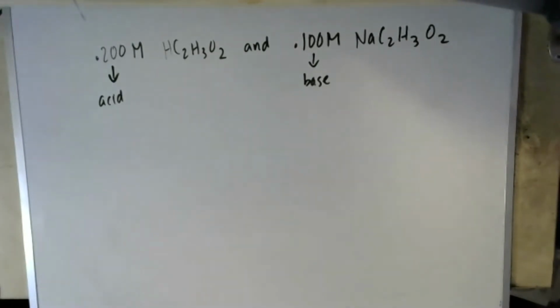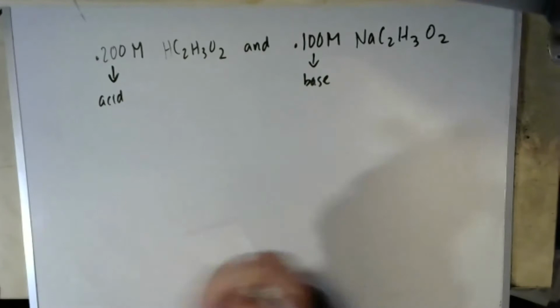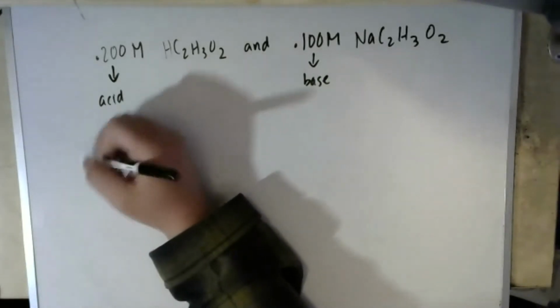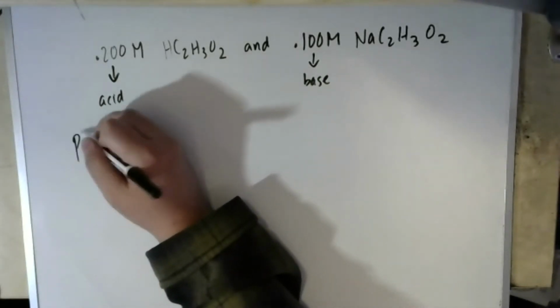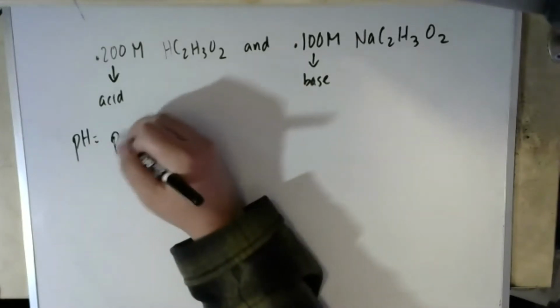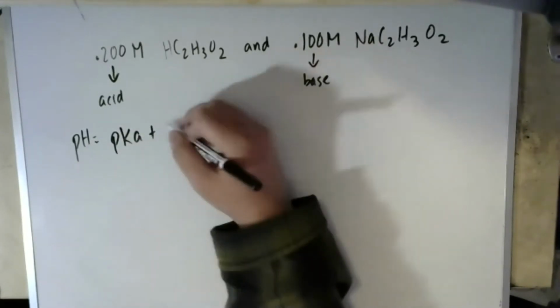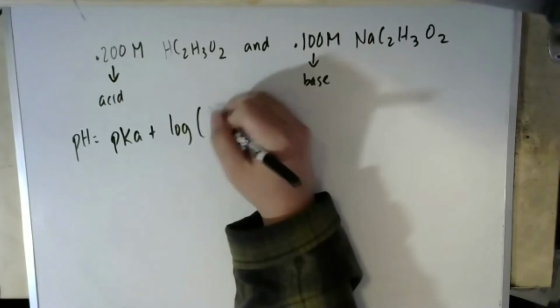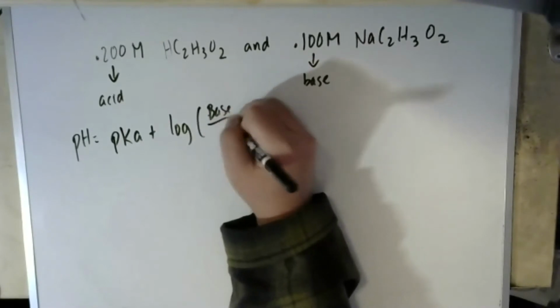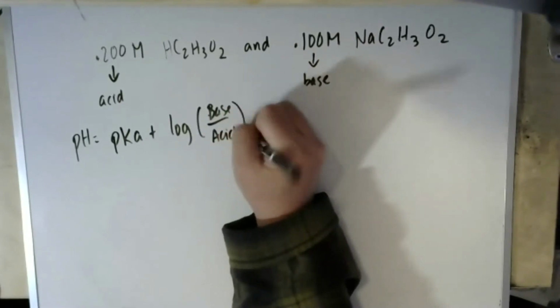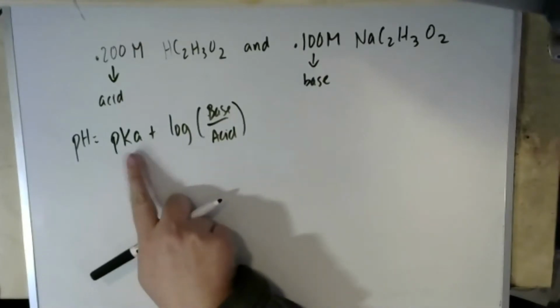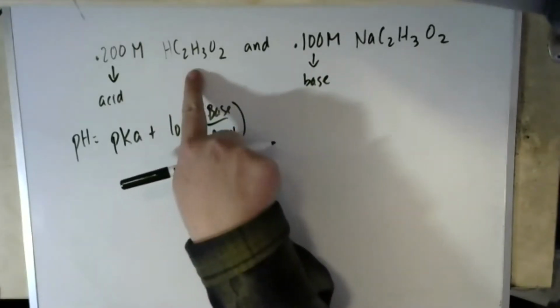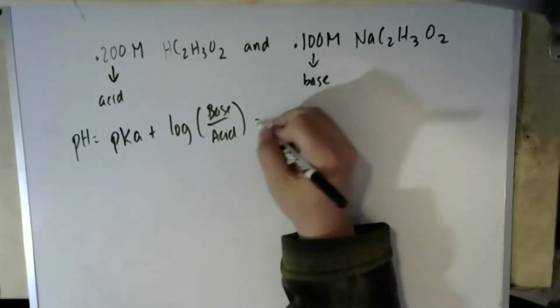We're still looking at an acetic acid solution, so our Ka value is not going to change. And that means that our pKa value isn't going to change. So if we want to use our Henderson-Hasselbalch equation, okay, we already calculated the pKa of acetic acid to be 4.74.